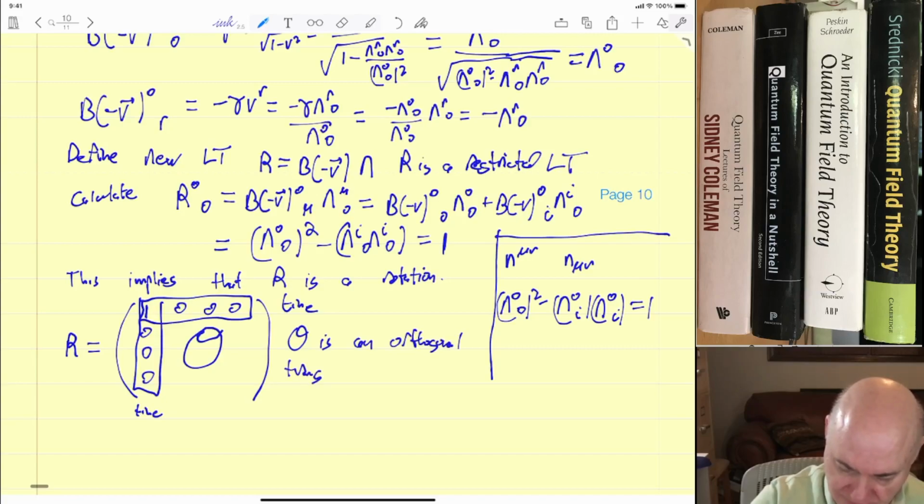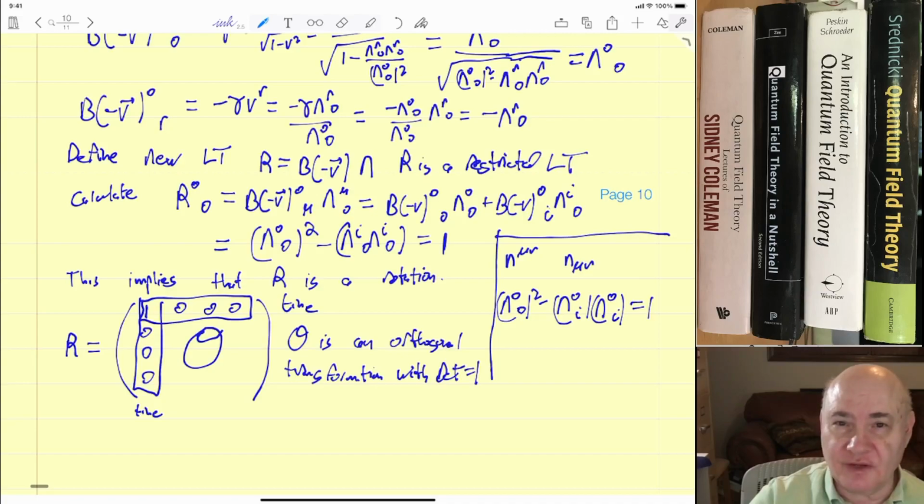It's special, with determinant 1, because the determinant of this matrix is just going to be 1 times the determinant of this. We've already said that the Lorentz transformation has determinant 1 because it's restricted. So this is just an orthogonal transformation with determinant 1, or a rotation.